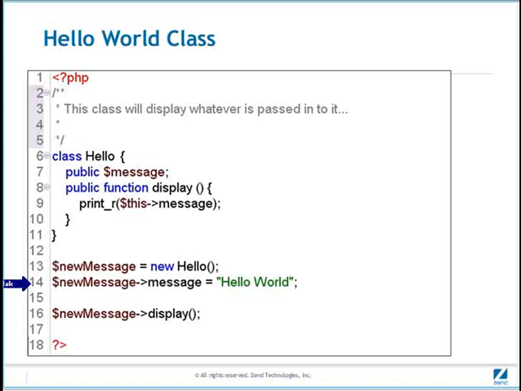Now I'm going to stop for a second here on line number 14 and talk about this. Remember, up on line number 7, where we have $message defined, I used the public keyword before that. What that means is basically the same concept as the global keyword. If you think about the global keyword in a function, it basically means that somebody outside that function can pass a value in.